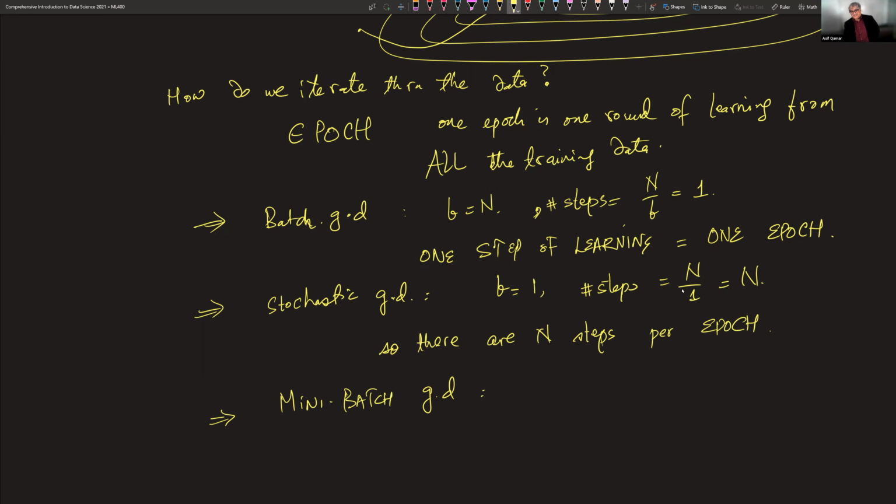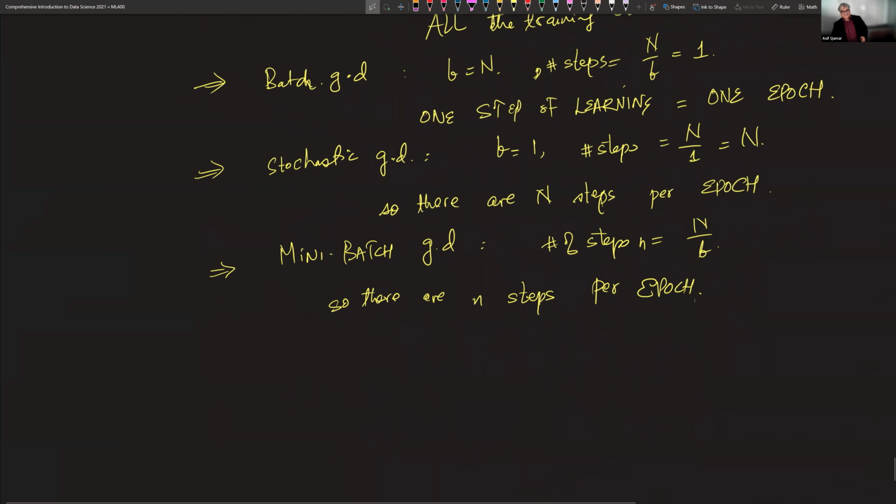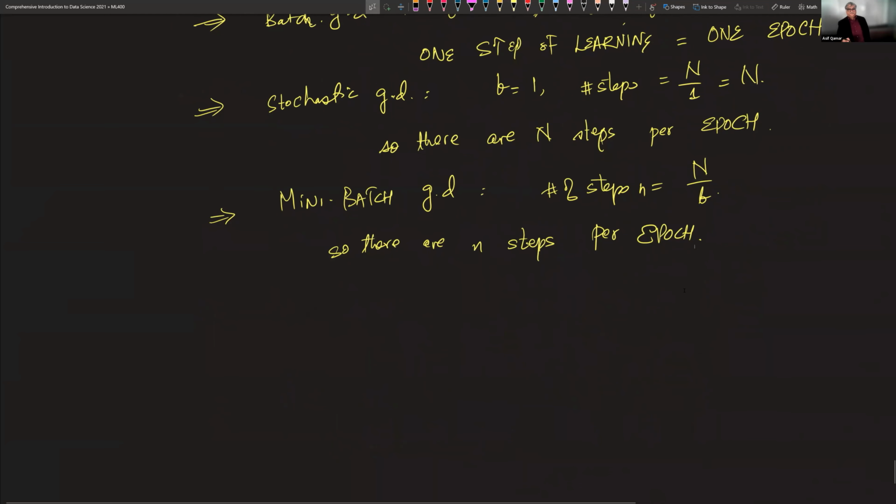There, batch size is whatever B is, number of steps is equal to N over B. So there are little n steps per epoch. Or maybe I should have used M as a different word. So there are N steps for learning.